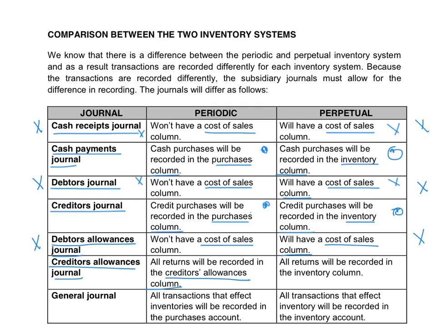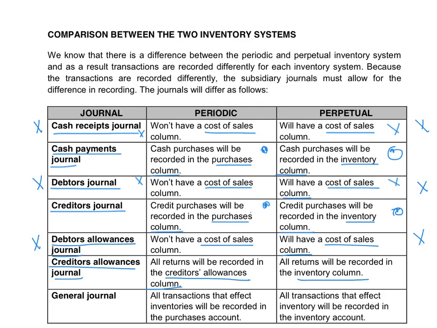In the perpetual system, when goods are returned, we record it in the inventory column because we record purchases, sales and returns of inventory every time in the inventory account to determine how much inventory is left over in the business. In the perpetual system, you will have a creditors allowances journal, but you will not have a creditors allowances account.